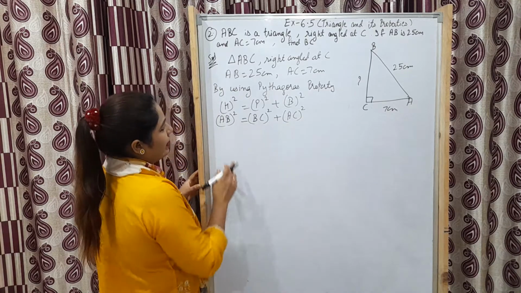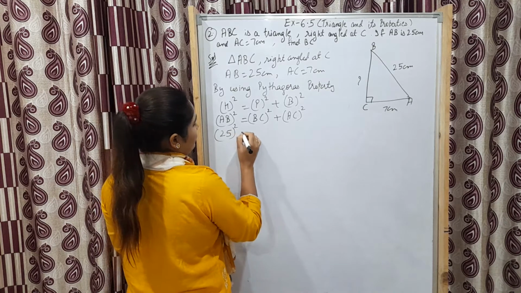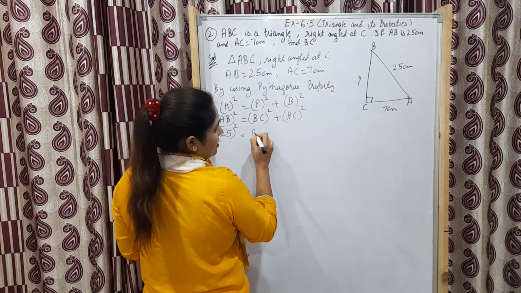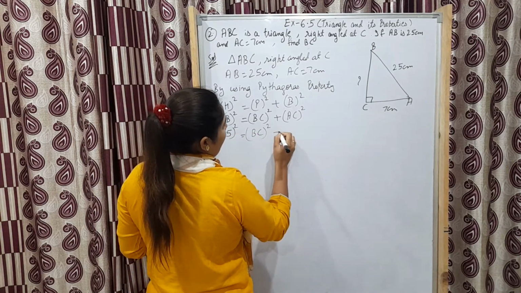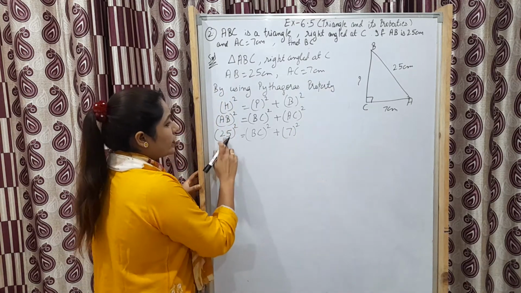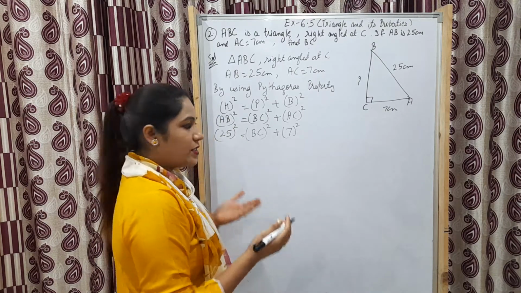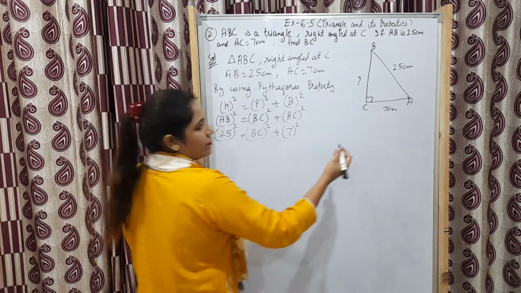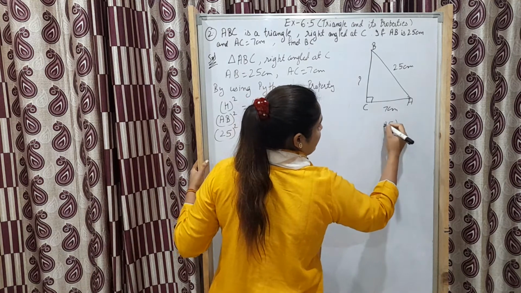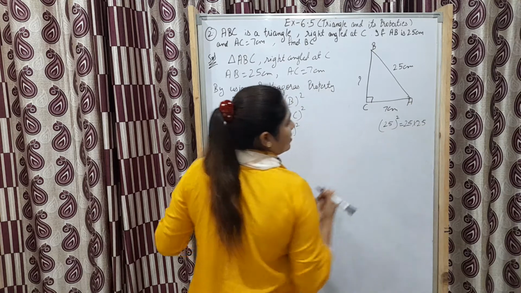Now we will put the values. AB is 25 centimeter, BC is not given to us, and AC is 7 centimeter. Now 25 raised to power 2 means 25 multiply 25.